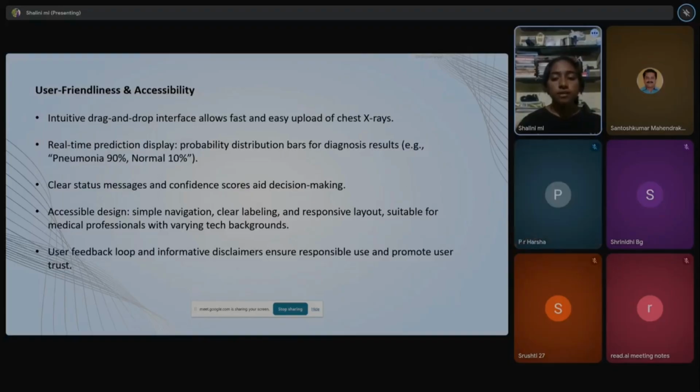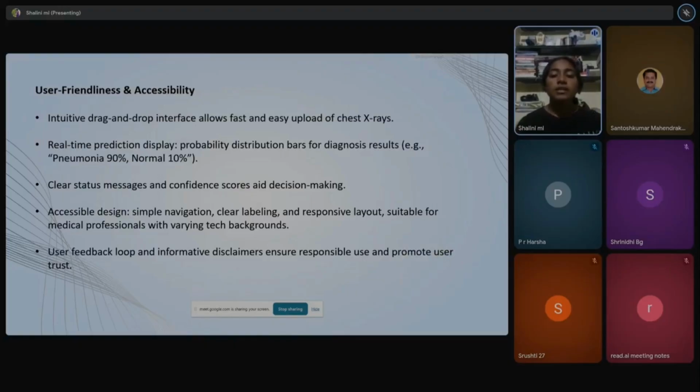To make the platform accessible to a broader audience, it features a clean responsive design with clear labeling and simple navigation. It can also be accessed through desktop or tablets. The interface remains visually consistent for every user.